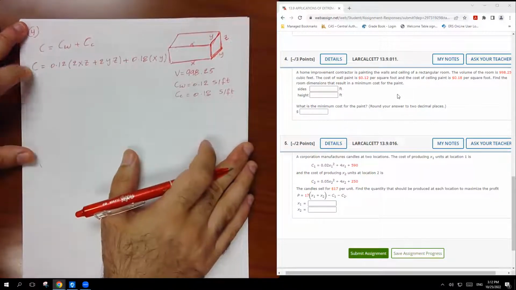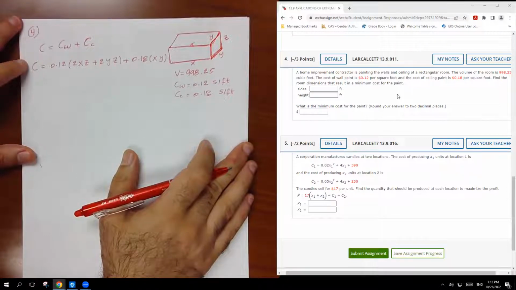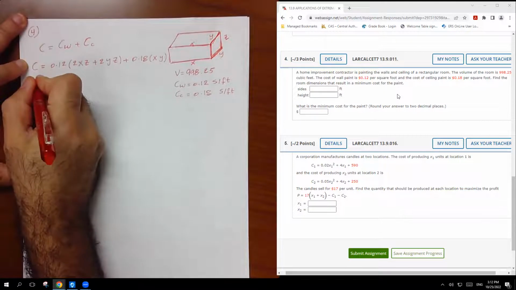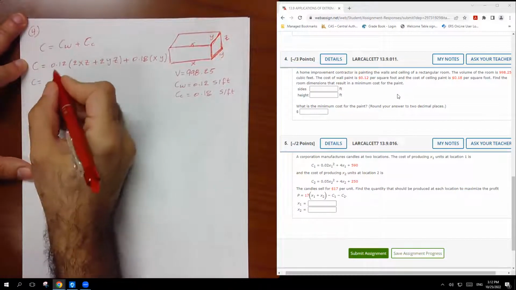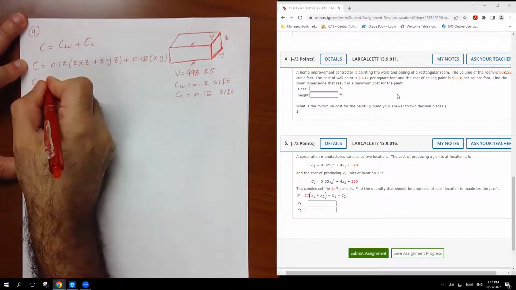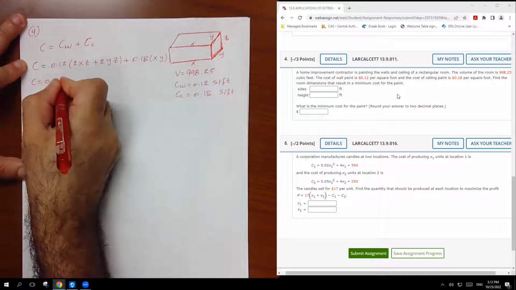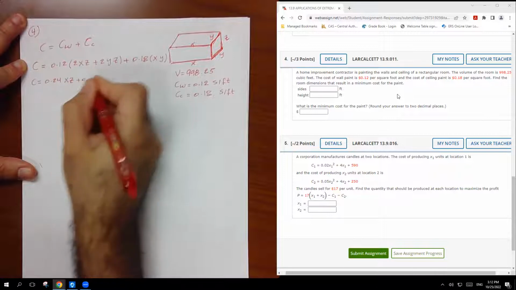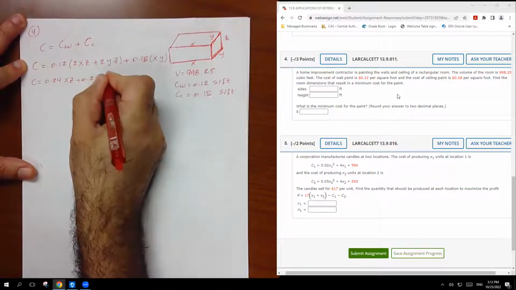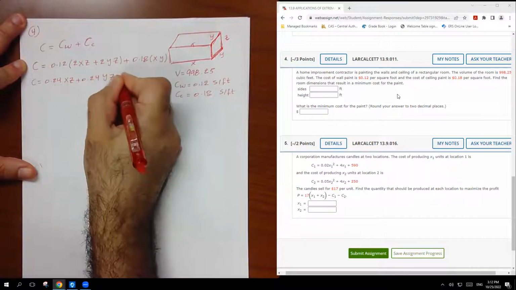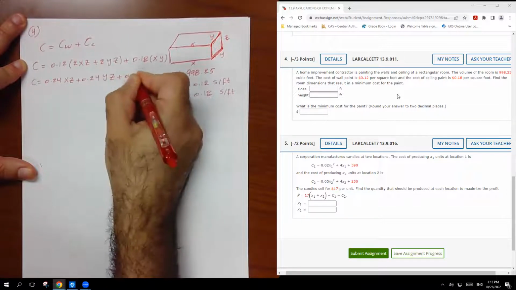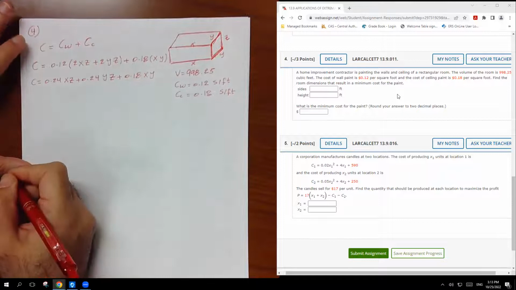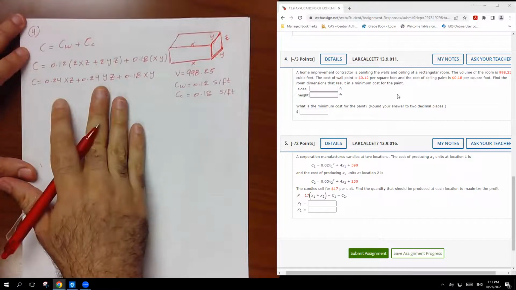Now let's keep going on this one. Multiply: C equals 0.12 times 2, which is 0.24 xz plus 0.24 yz plus 0.18 xy. Now we're done with that.